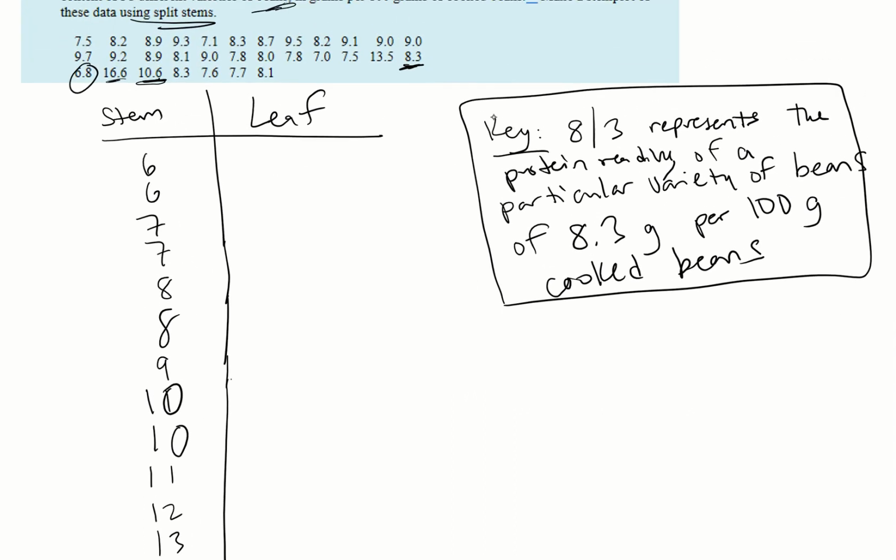So really, you don't have to split the 6, but I will just to kind of show you. Remember that the first split are the numbers from 0 to 4. And there are no numbers from 0 to 4, so we only have 6.8 there. For 7, we have 7.5, 7.1. So we got to go from 0 to 4.